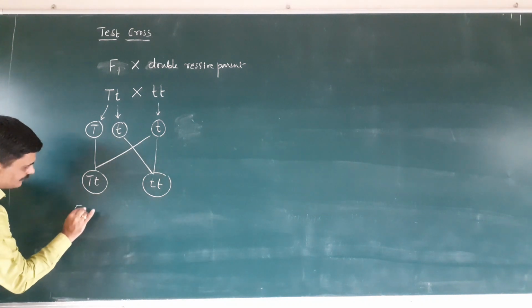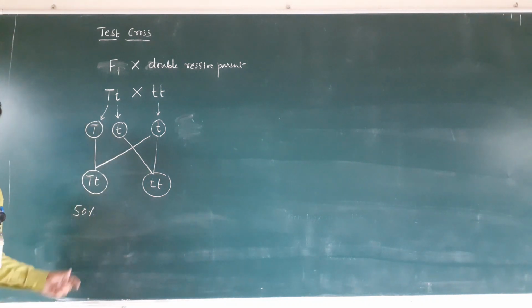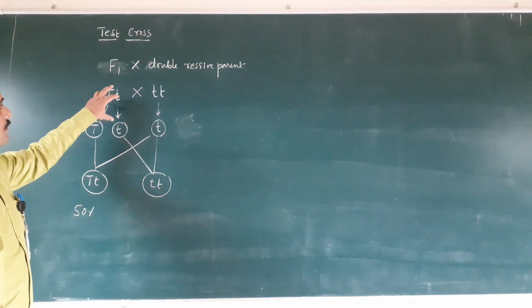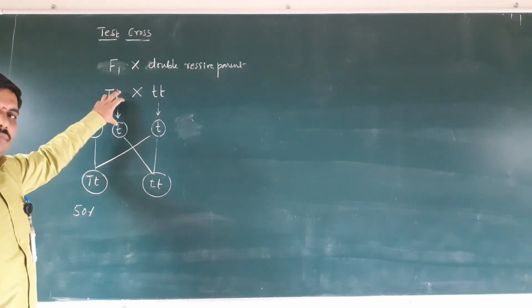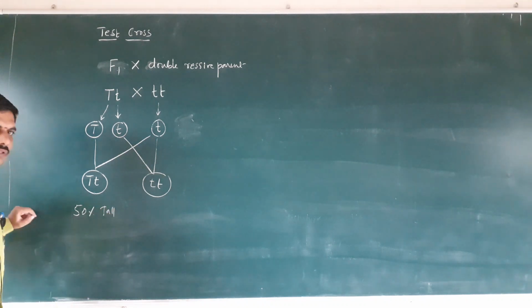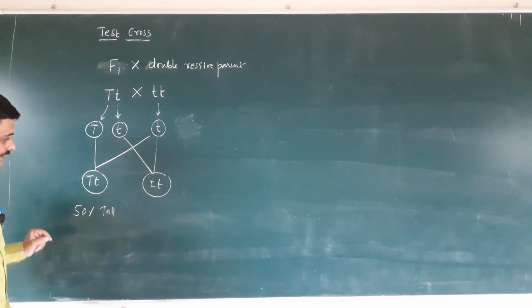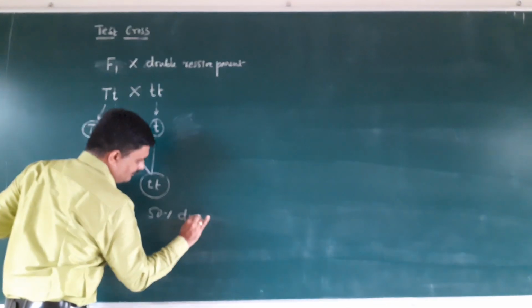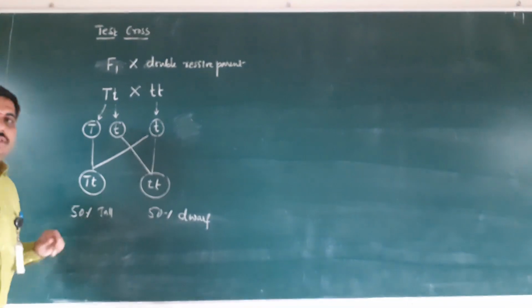This means 50% of the offspring we get from a test cross are tall plants, in heterozygous condition, and 50% are dwarf plants, in homozygous condition.